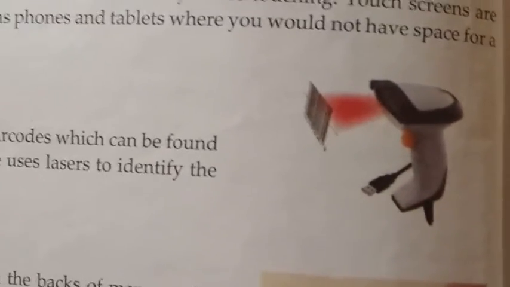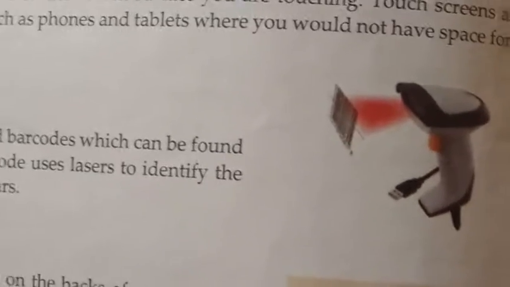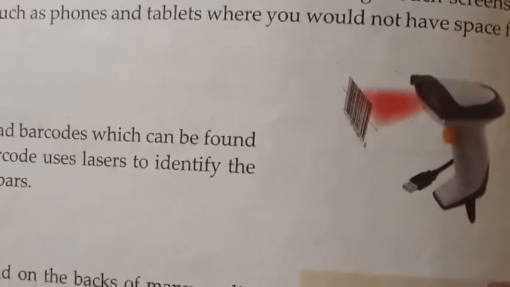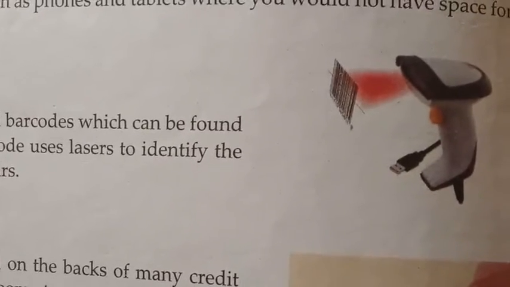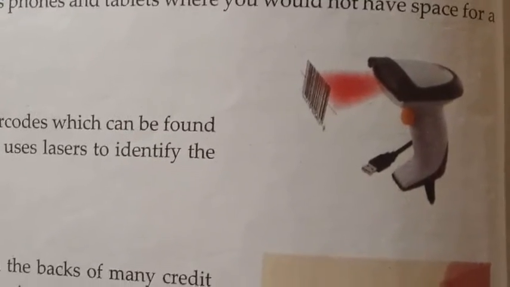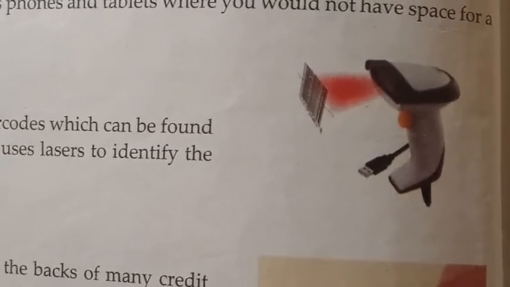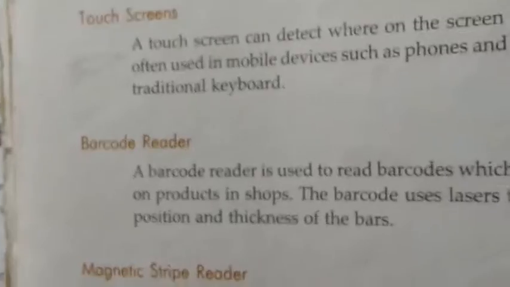Look, there is one device here. From the device a laser beam is passed onto the sticker, which is attached to every product, a pen or anything. While passing the light, it can read information about the product, like price and quantity. This is the use of a barcode reader.